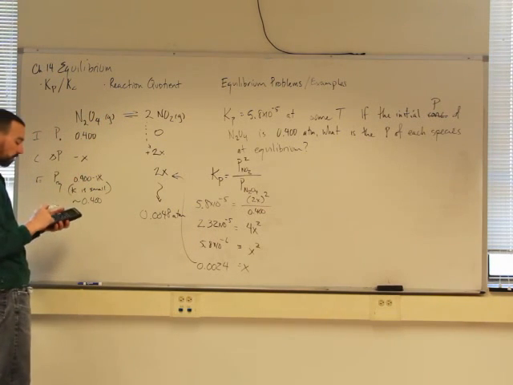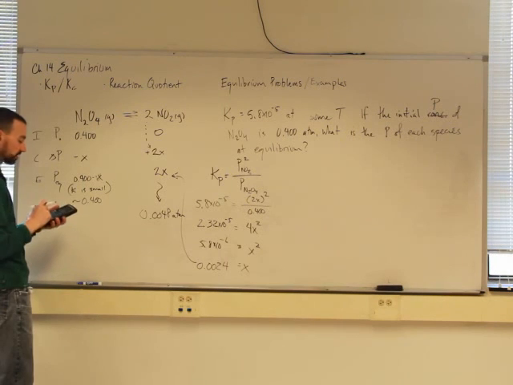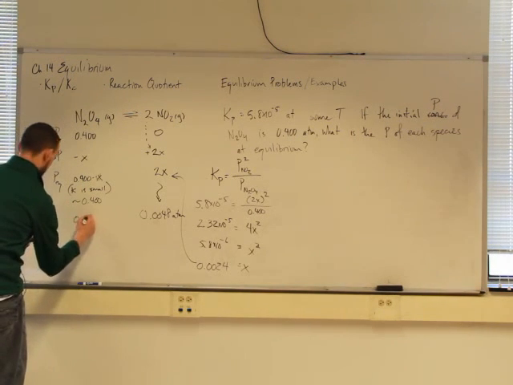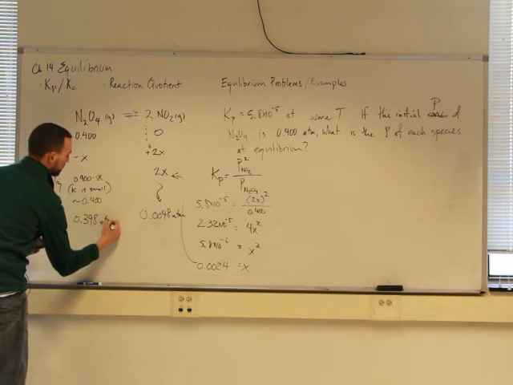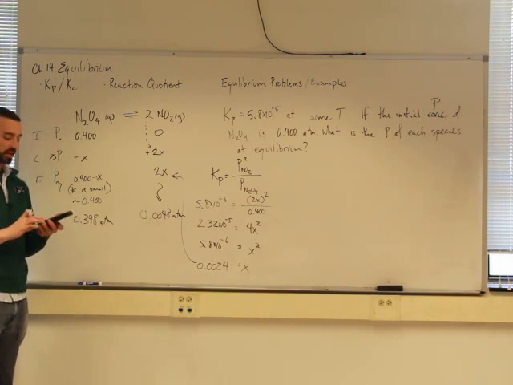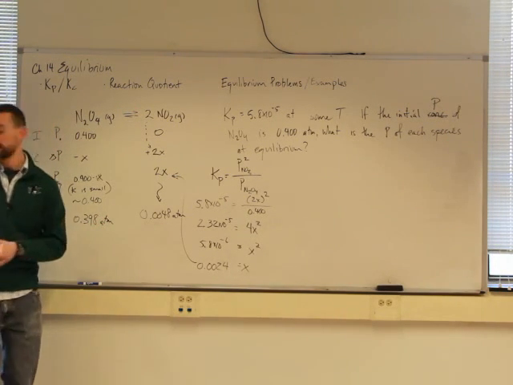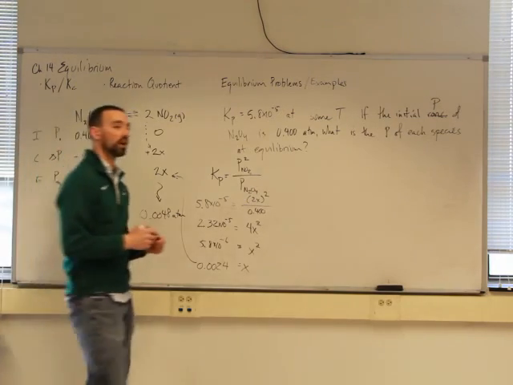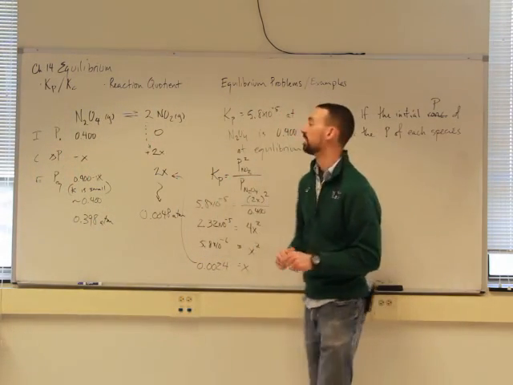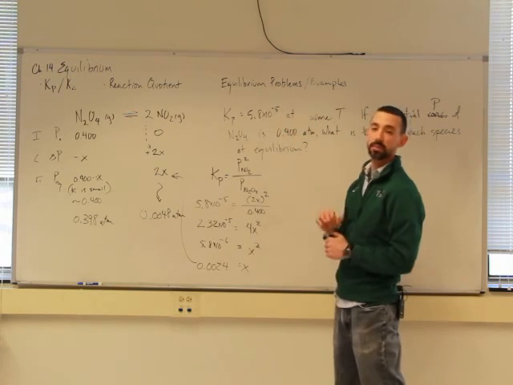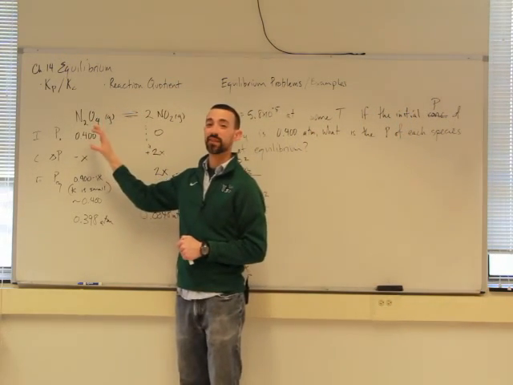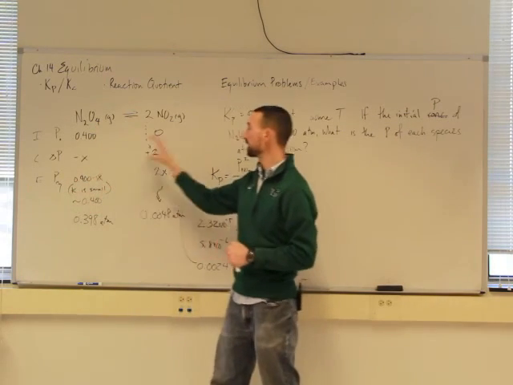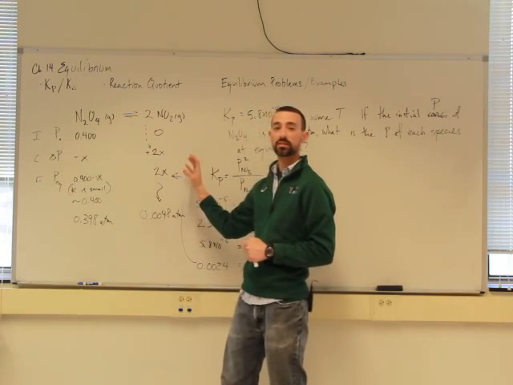And 0.4 minus the 0.0024 is 0.398 atmospheres. So just a small change exists in the pressure of the starting material here, because again, this small equilibrium constant means that this reaction is really reactant favored. And we're not going to be making much of the products here.